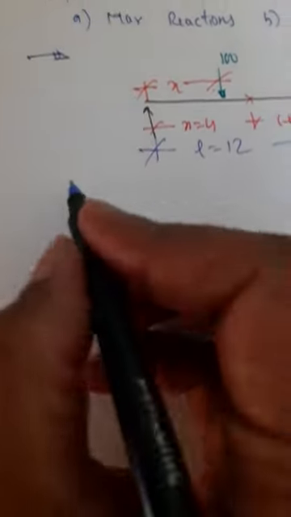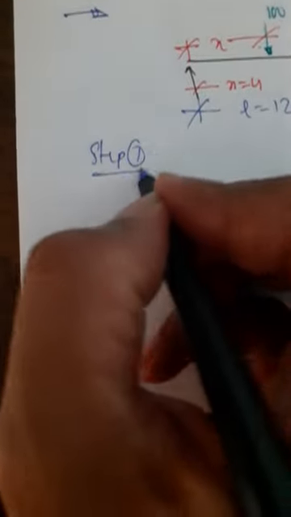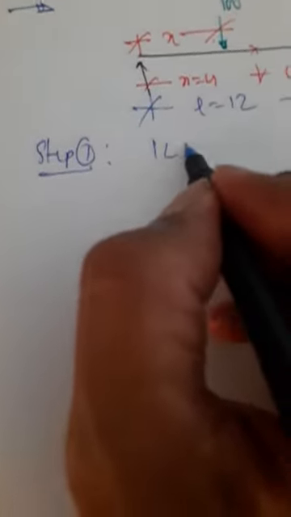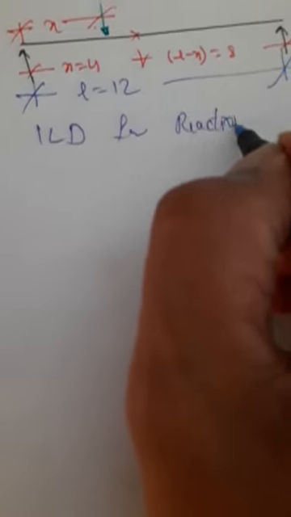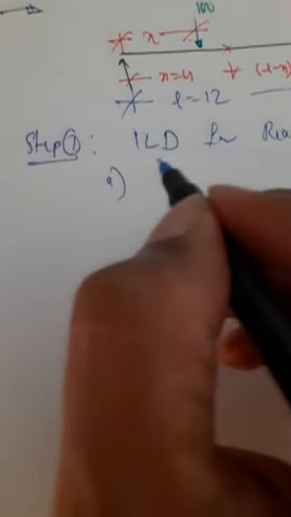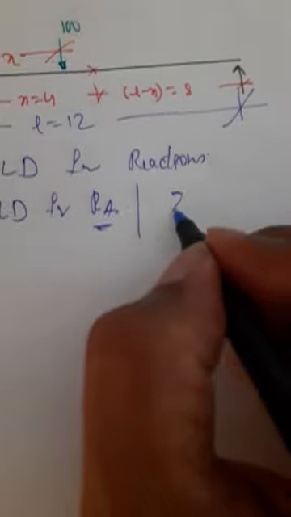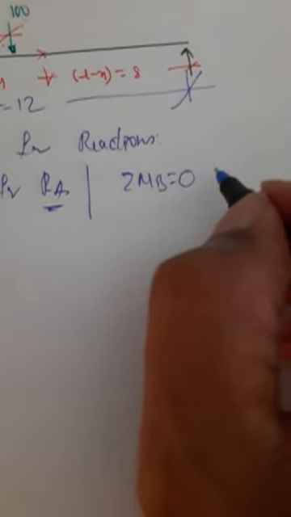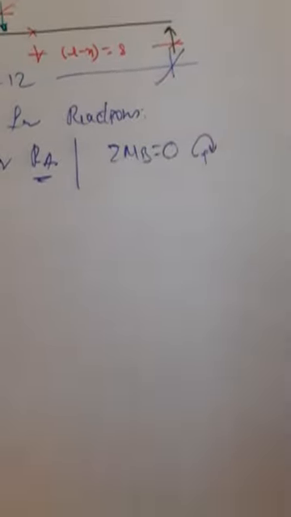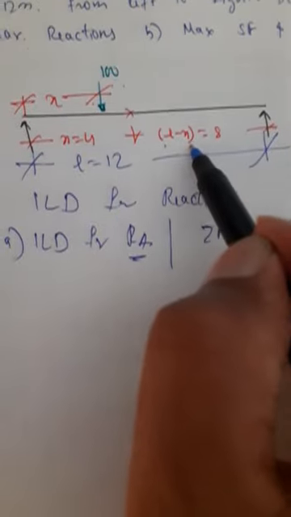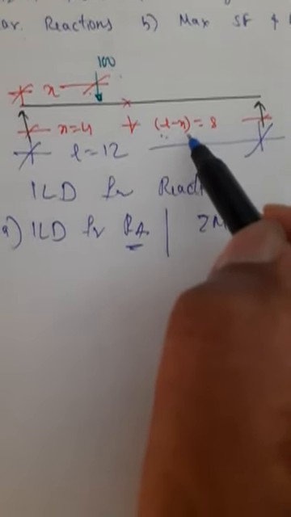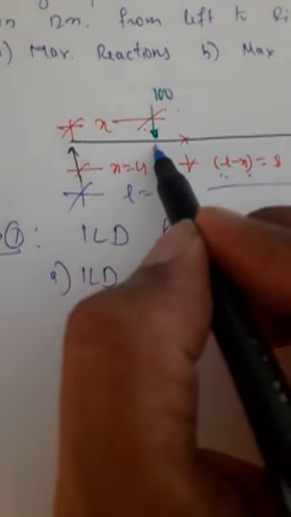Now, first step, ILD, influence line diagram for reactions. Under that one, ILD for reaction at A, RA. When you want to find reaction at A, take summation of moments about B is equal to 0. Clockwise moments are positive. So RA into 12 minus 100 into L minus x. You don't know the distance x, so I am going to take about this point.